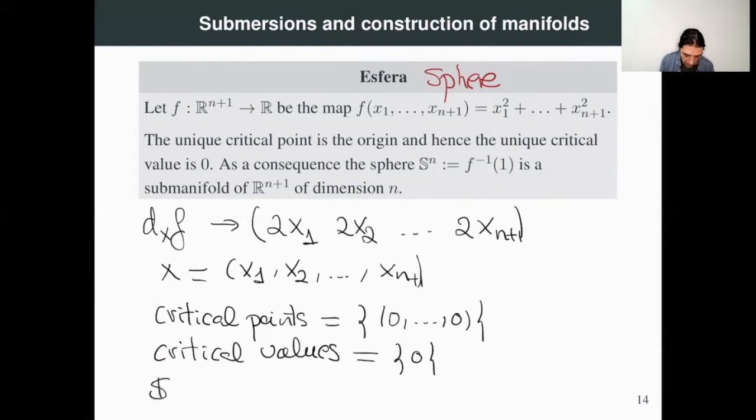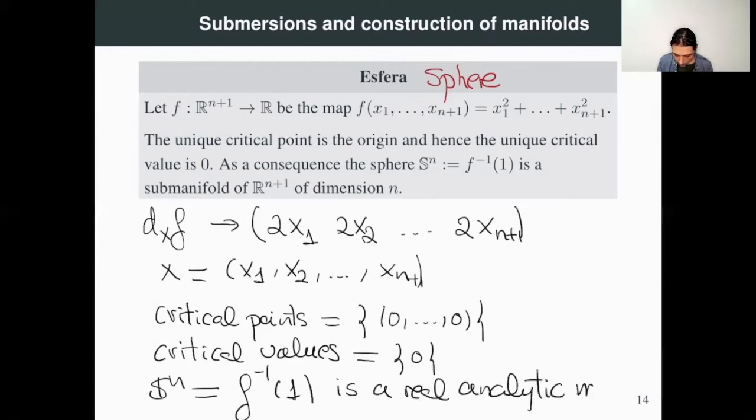And so we get that the n-dimensional sphere is a real analytic manifold of dimension n. Of course, this is not true for the critical value.